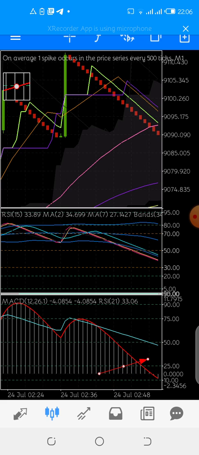If both of them are at level 10, that should be an indicator to you that it is a trending market and it may trend for long. So avoid placing a trade.